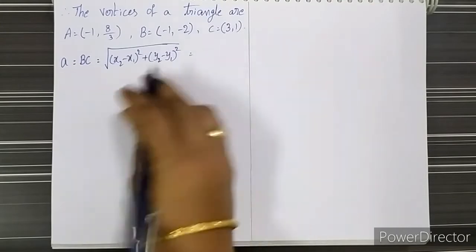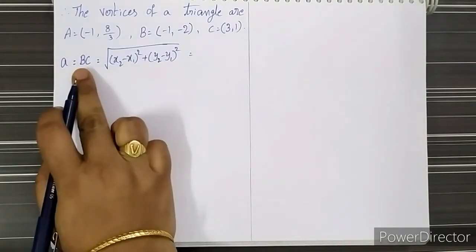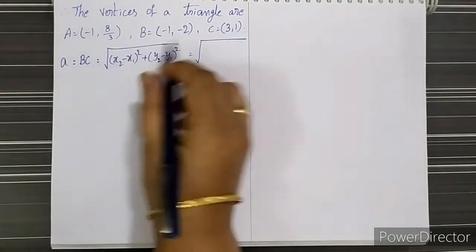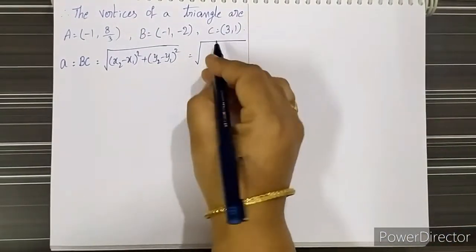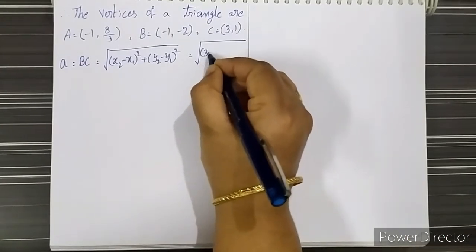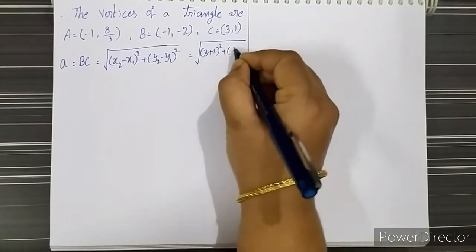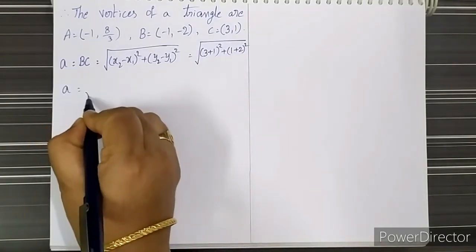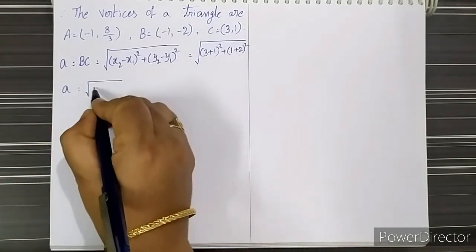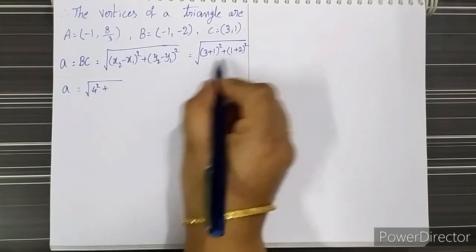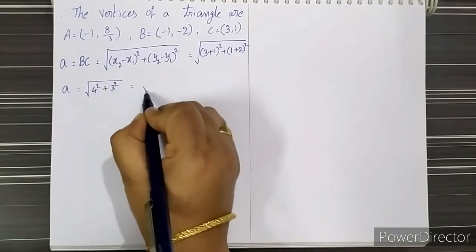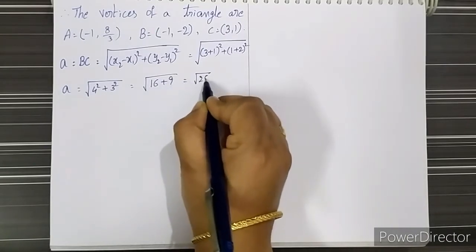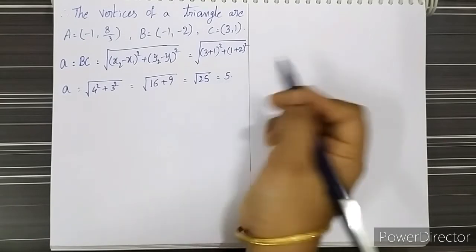Here x1, y1, x2, y2 are taken from the points B and C. Then square root of, after substituting, (3 plus 1) whole square plus (1 plus 2) whole square. Then a equal to square root of 4 square plus 3 square, that is equal to root 16 plus 9, that equals root 25. Root 25 value we know is 5.